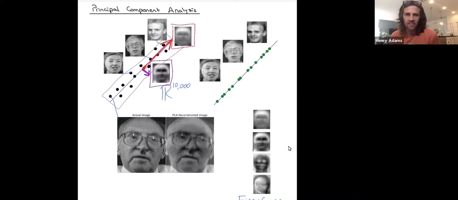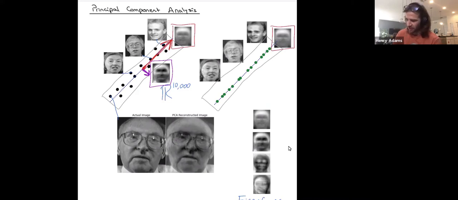So the eigenfaces don't look like actual people. They look like these ghosts, but they're ghosts that are well designed to add together in order to produce good representations of people. So in this 1D model, every data point has been written as a single scalar multiple of that red eigenface.